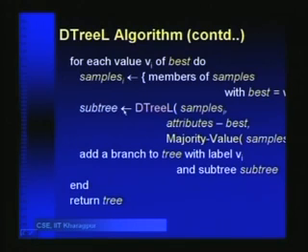Then we create a subtree. So, these are the children of the best. So, best is the variable around which we are splitting, and the children will be simply recursively generated by the recursive call to the decision tree learning algorithm with the reduced set of samples, which is samples I, the reduced set of attributes, which means attributes minus best, because we have already taken a decision on best, and also majority value of samples.